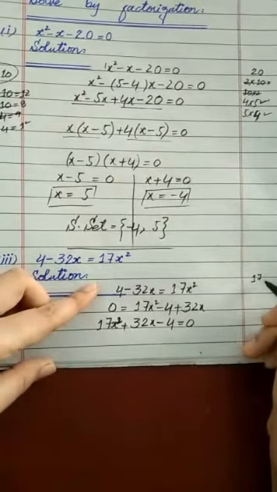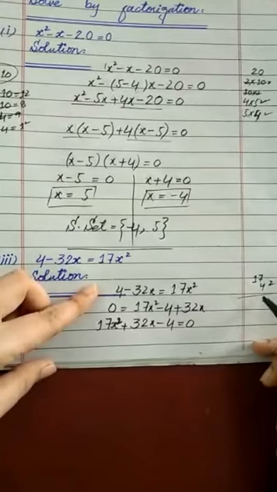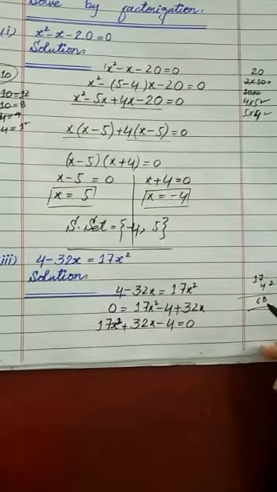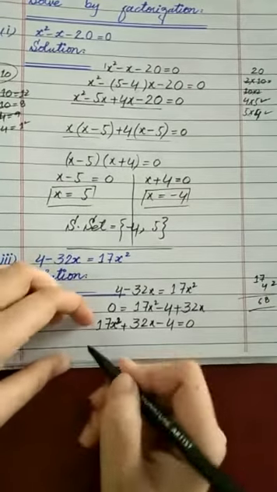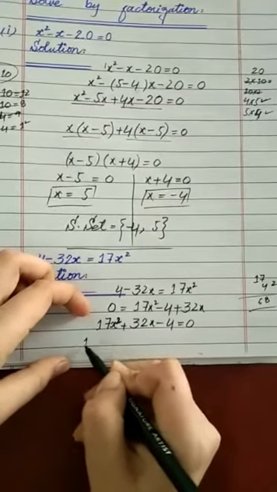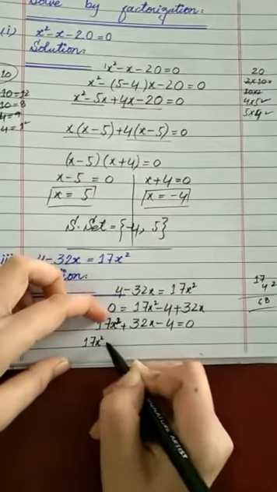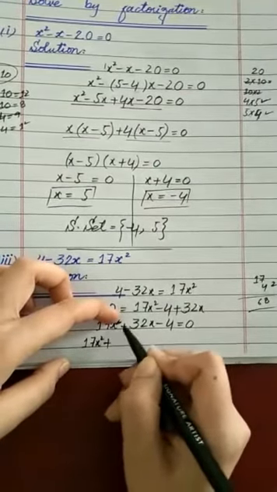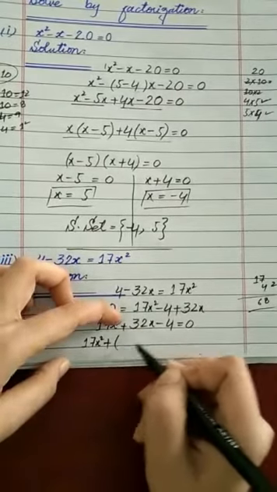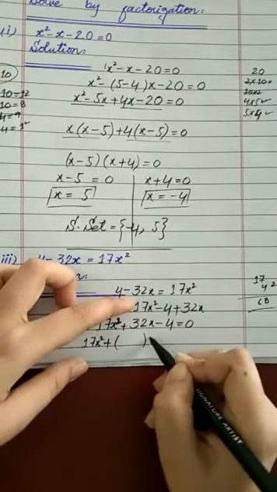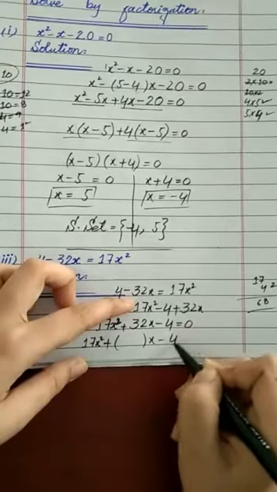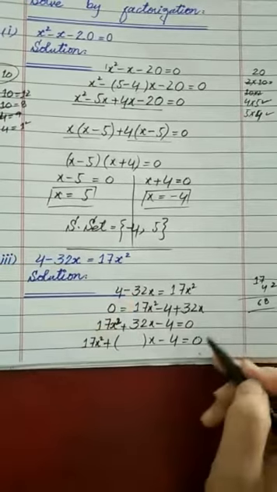We got 4 times 8, 32, and 2 carry 4, 4 times 1 is 4 and 2, 68. We got 68. As in factorization, the first term is as it is. Now the sign is the same as it's positive here. Empty brackets we have placed, variable as it is, negative 4 as constant equal to 0.